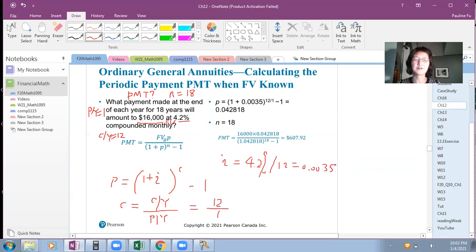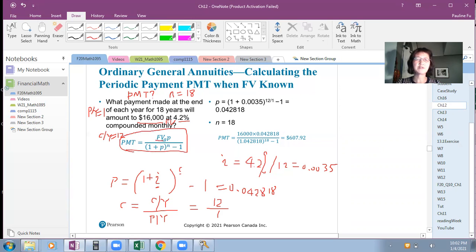So this is I. And plug in I value here, plug in C value here, you can calculate P. P equal to 0.042818. That is P. And once you have this P, plug in the PMT formula.